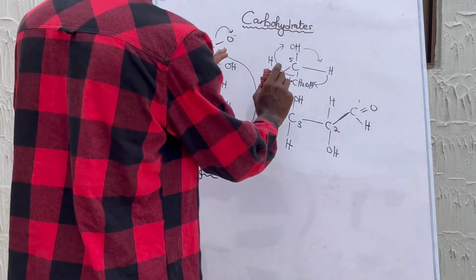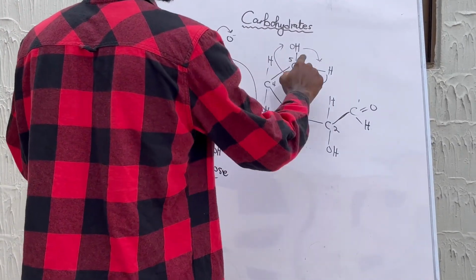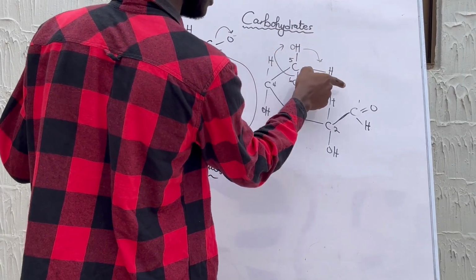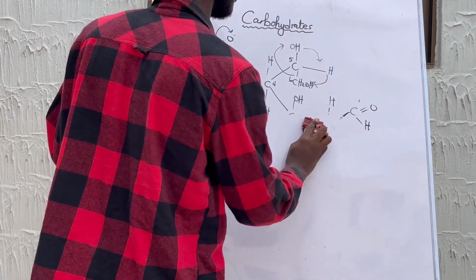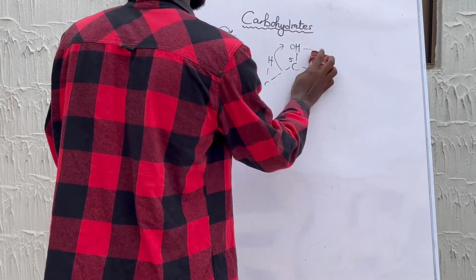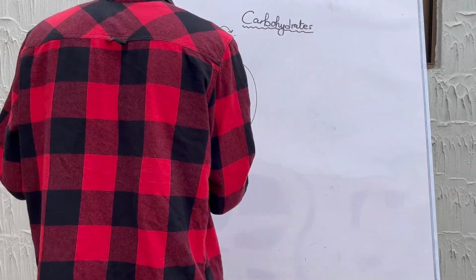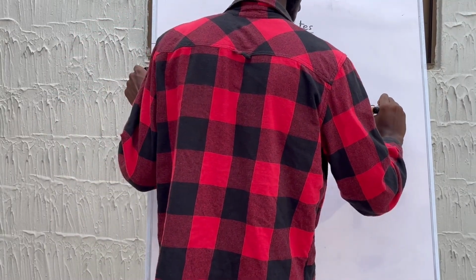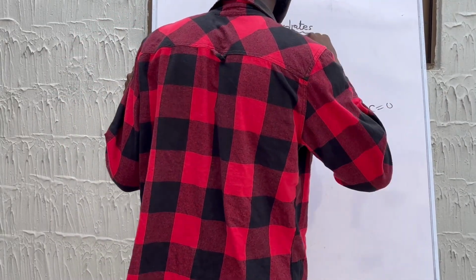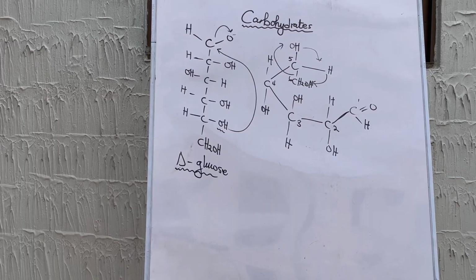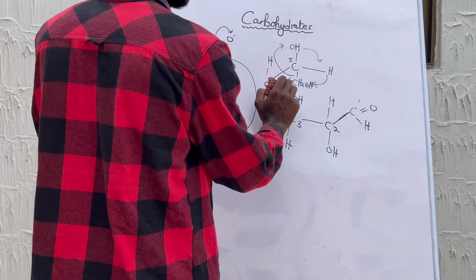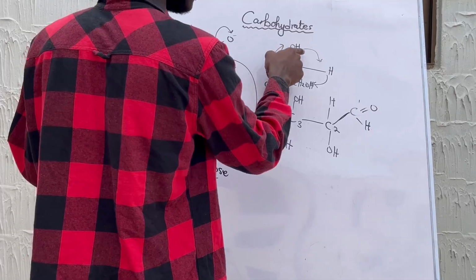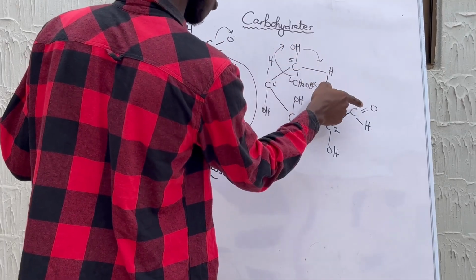So if you understand it up to this point, then I'm coming to draw it after it has changed its position for the OH to be at this position and being closer to this.